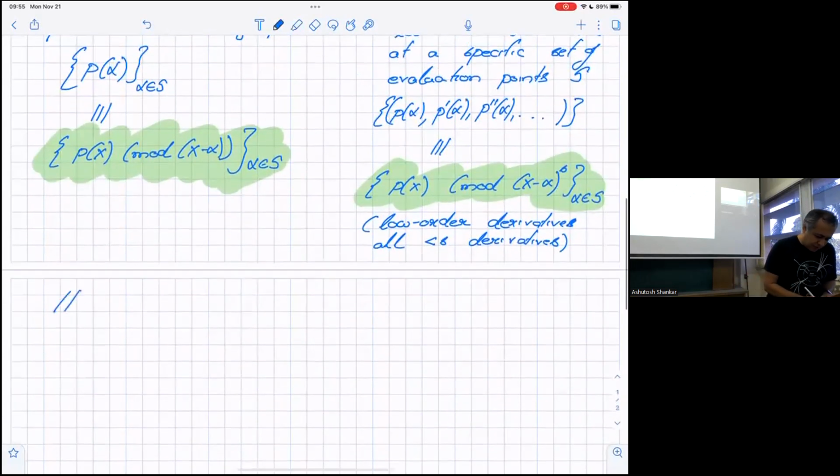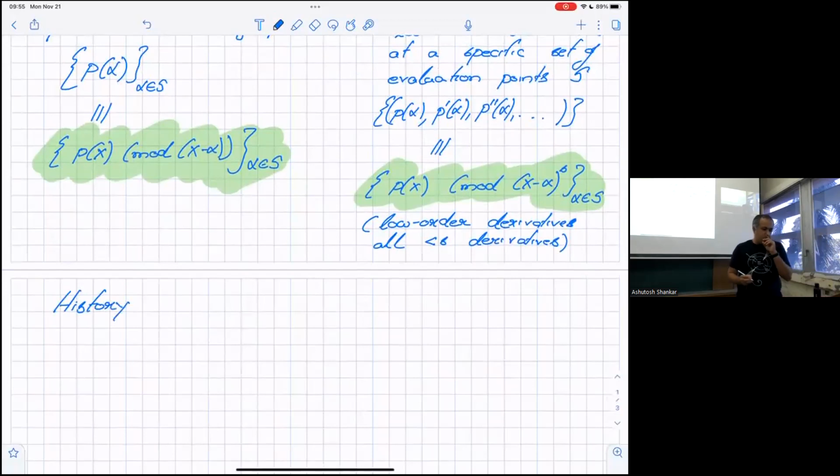Let's look at a bit of history of this before I go into the formal treatment. To the theory community, as I mentioned, multiplicity codes were first defined by Swastik Kopparty, Shubhangi Saraf, and Sergey Yekhanin. But actually, in the coding community, these codes, at least the univariate counterparts, were already discovered earlier, as early as 97.